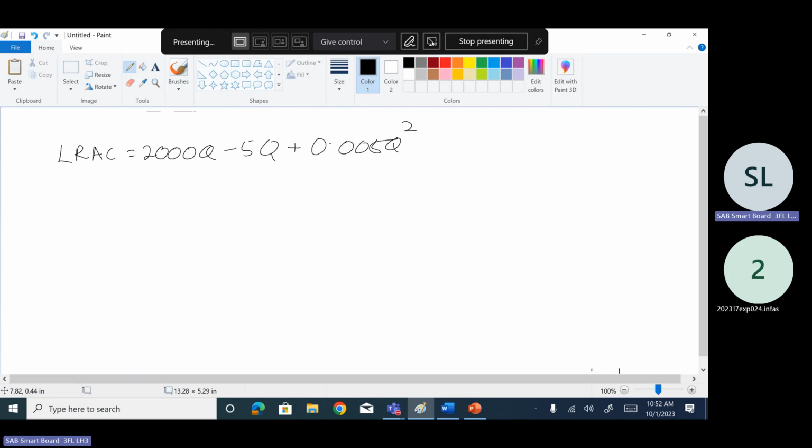How do we find the long run cost minimizing output level?